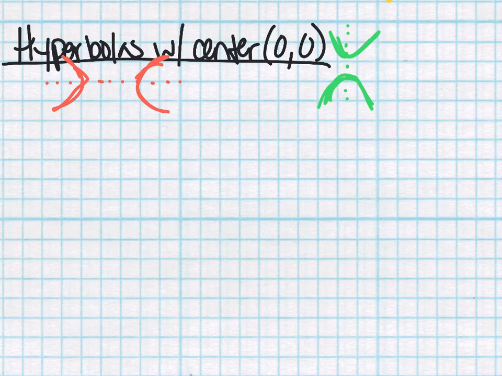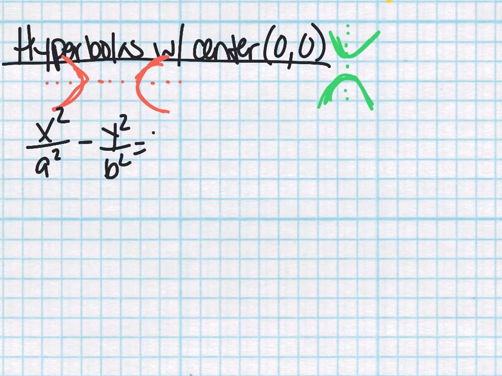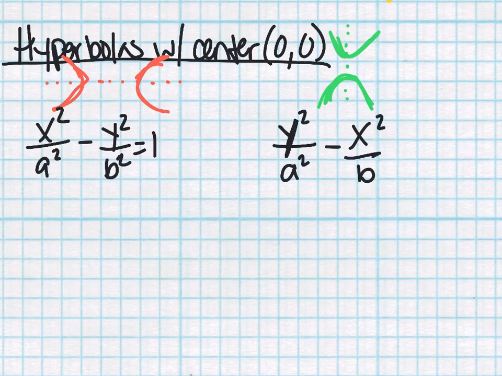Standard equation starts with x squared over a squared minus y squared over b squared equals 1. And then we just flip that for our vertical one. So the formula is y squared over a squared minus x squared over b squared equals 1.